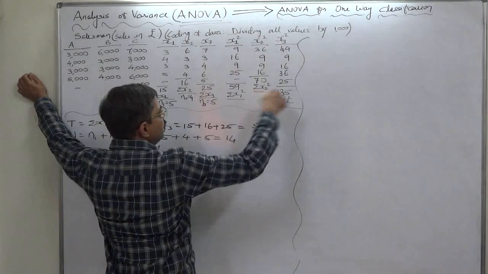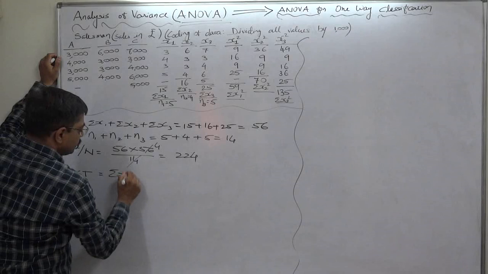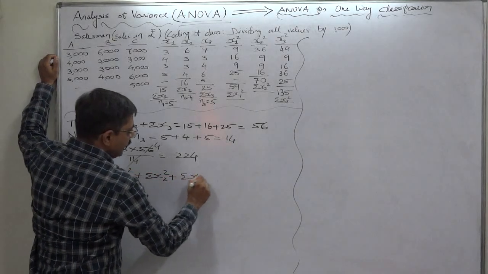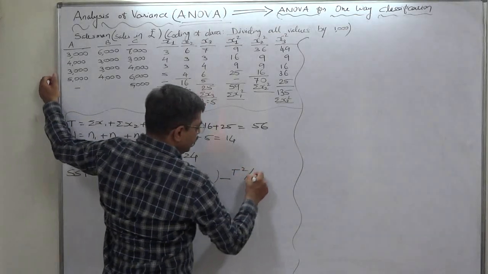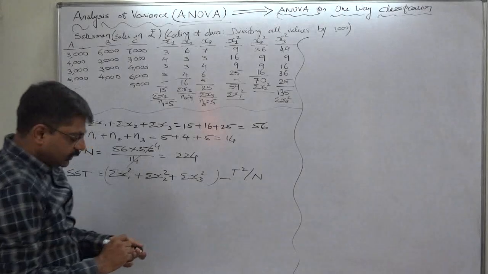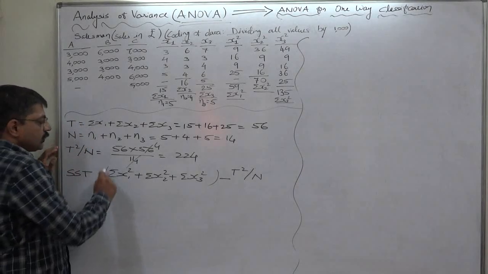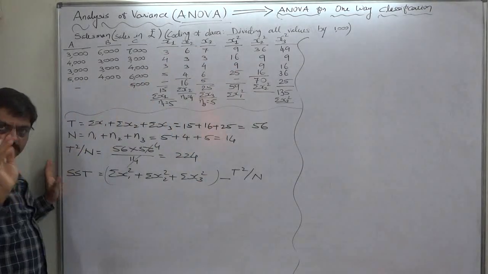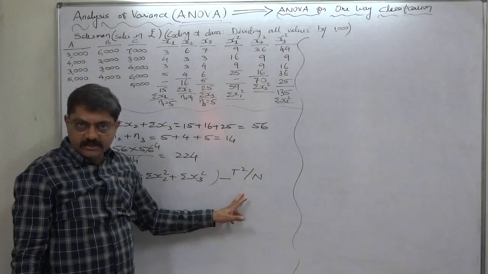This whole table is prepared for calculating SST. Sigma x1 square plus sigma x2 square plus sigma x3 square minus correction factor T square upon N. Actually, the logic of calculating SST is the summation of squared values of all the units minus the correction factor.